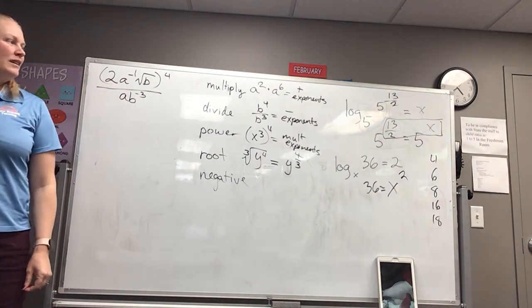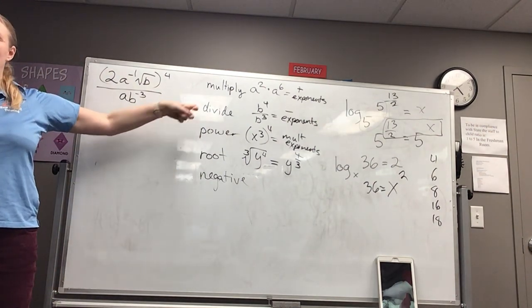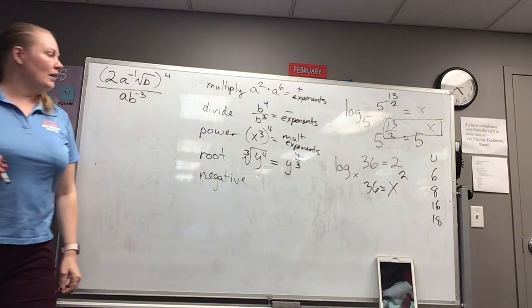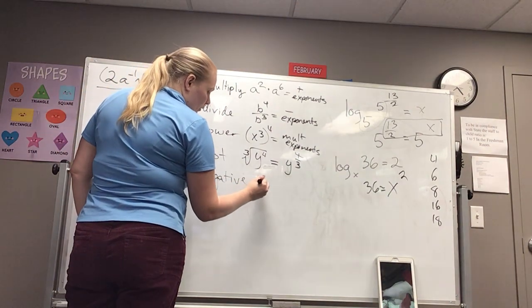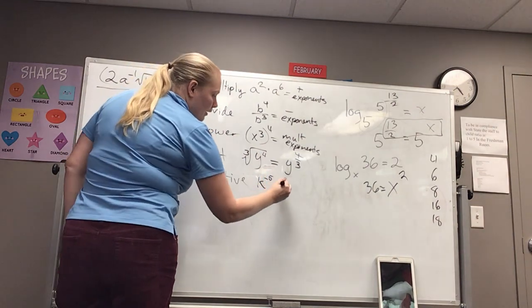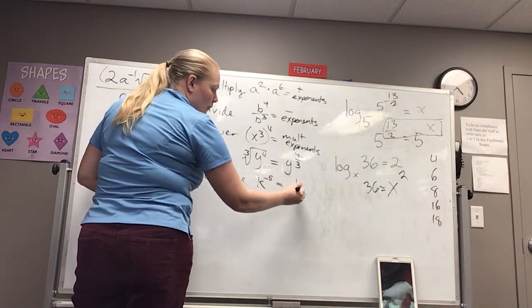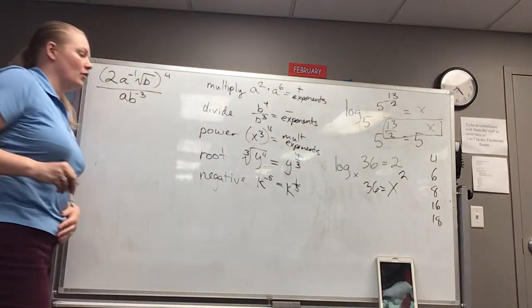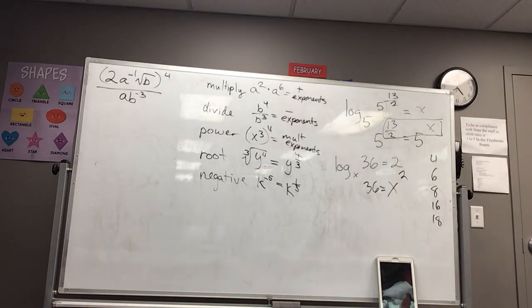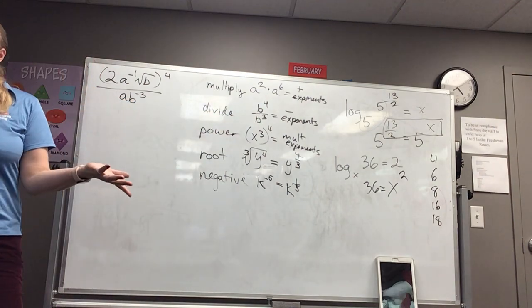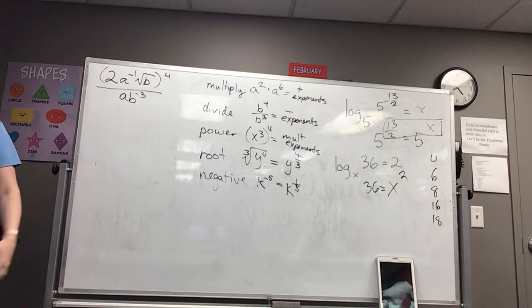And then the negative, really it's a specialized case of divide. It's a formalization of that divide. So if we have k to the -5th, this moves it to the bottom and it becomes 1 over k to the 5th. Negative is just like division, we're subtracting the exponents, but if you subtract from nothing, you get negative exponents and it ends up in the bottom of that fraction.